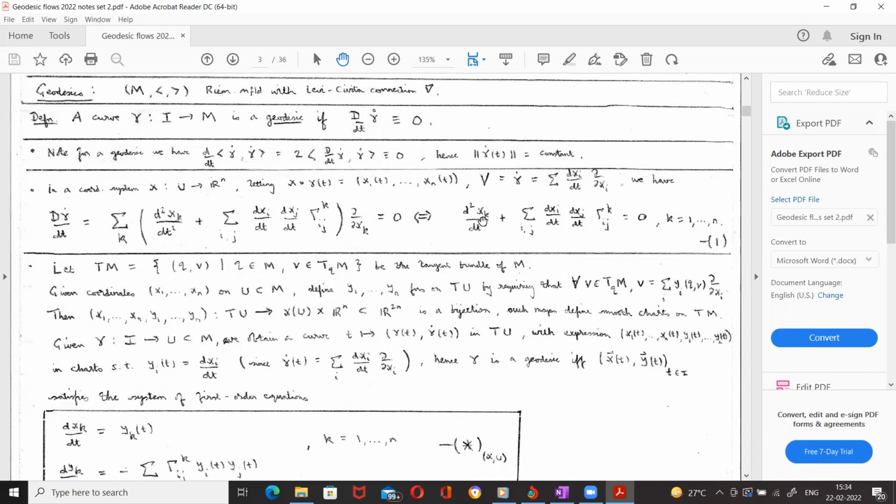Given these two initial conditions, by the usual theory of ODEs, at least locally, you'll have existence and uniqueness of a solution. So you need two initial conditions: initial position, that's a point in the manifold, and initial velocity, that's a tangent vector at that point.